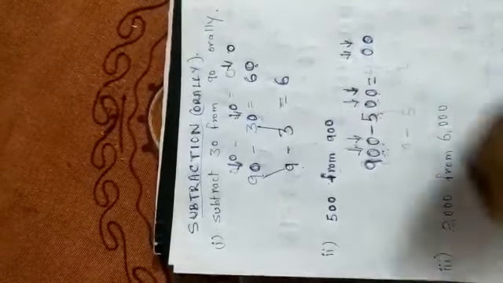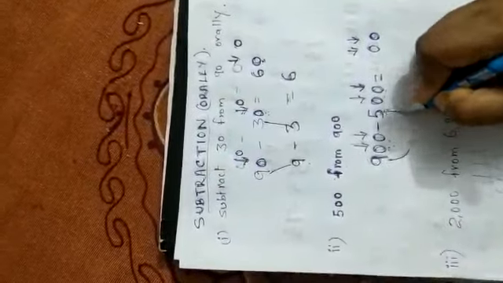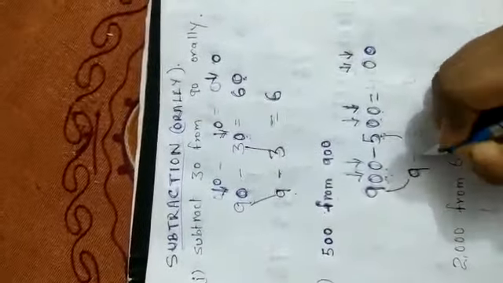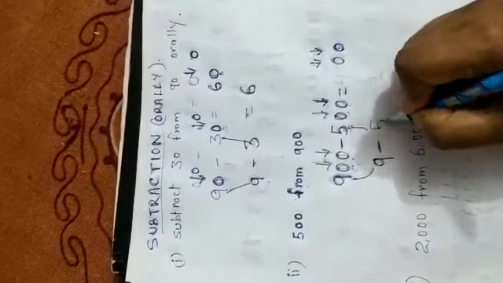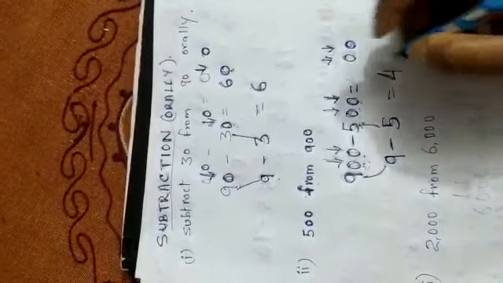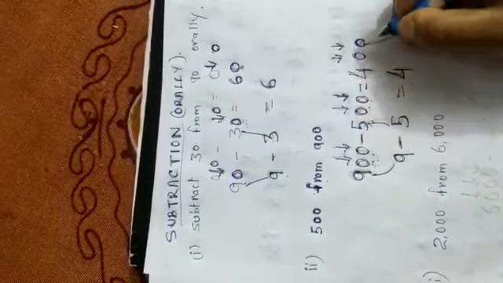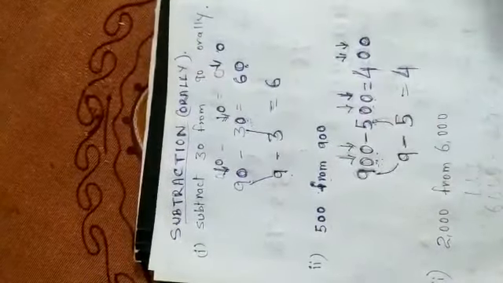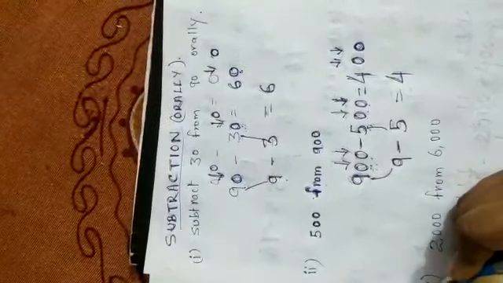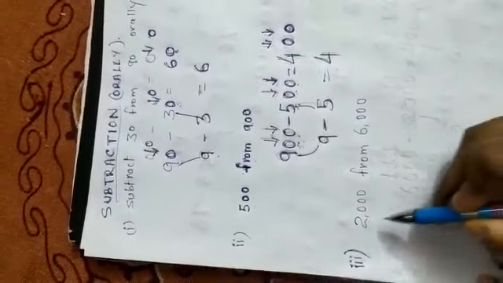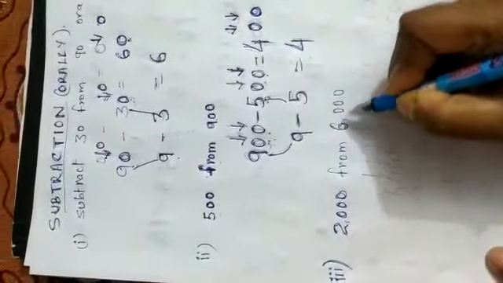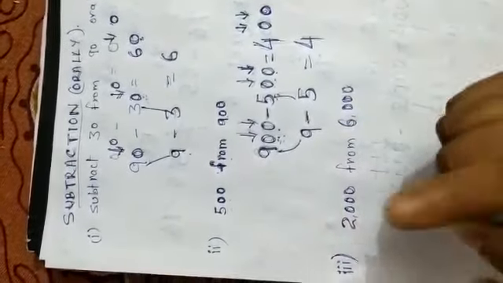This is the second step. Now come to the third step. Let's subtract the digits. From the minuend we take 9, from the subtrahend we take 5. So subtract 9 minus 5, we get 4. So I will write down this 4 towards the left side of these two zeros. Correct, children? Now come to example number 3. Subtract 2000 from 6000. Step number 1.